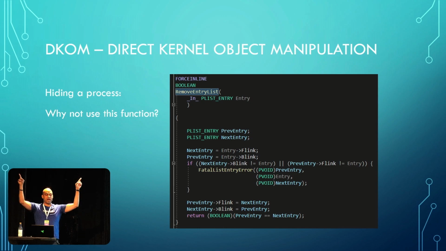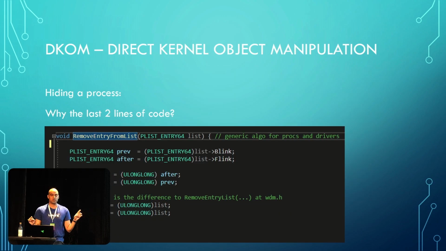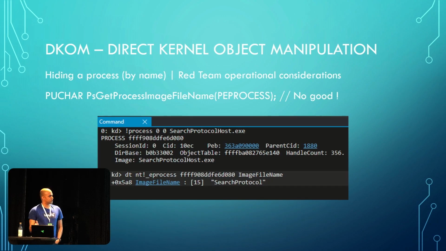Because I left them hanging and now they're pointing to each other, my previous after will point to my after. So that's an inconsistency, that's a blue screen. So that's why I need those two last lines of code basically to do this. Point to myself. And if you think about it, the previous after, now it's me, so it's all good. And that way you won't crash the process that you're hiding after you remove it, which I'll show in the demo.